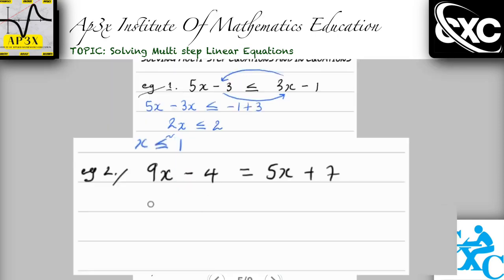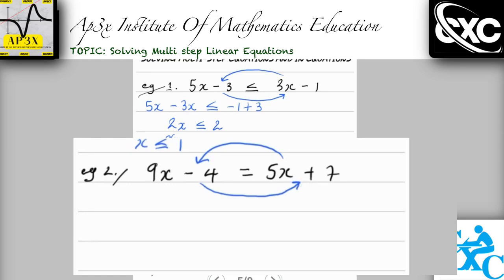All right, another example will not hurt us, just to solidify what we just did, but this time we're going to be doing an equation instead. Again, do we transpose the 9 to the side of the 5, or do we transpose the 5 to the side of the 9? Very easily, we're going to transpose the 5x to the side of the 9, and we're going to transpose the minus 4 to that side.